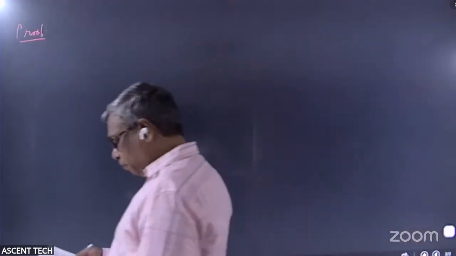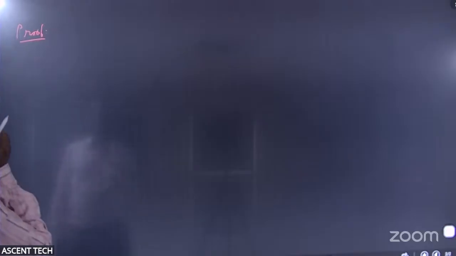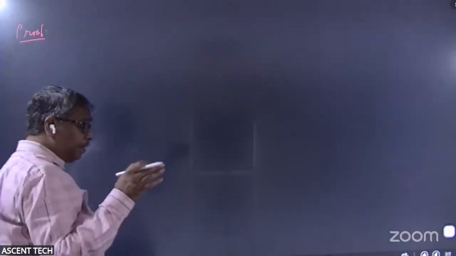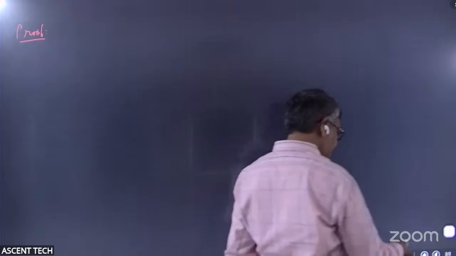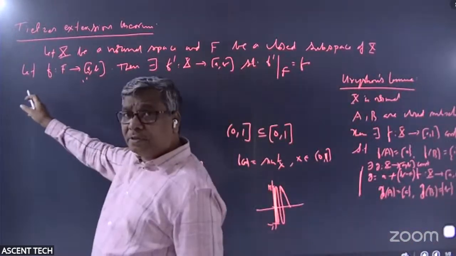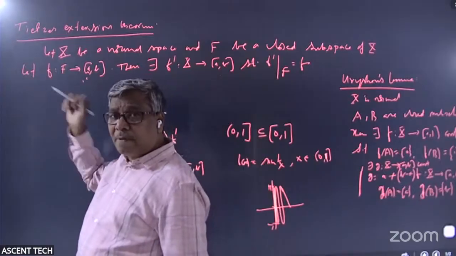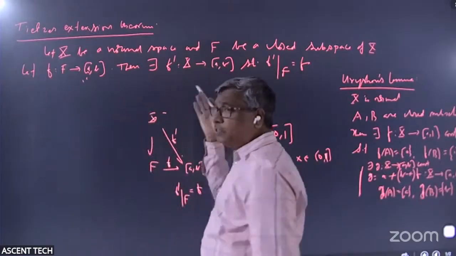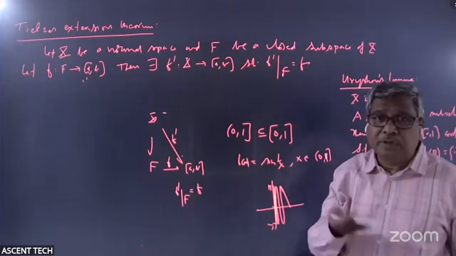The proof. Maybe a and b are both equal. If a and b are both equal, this is a constant function, and the extension is also the same constant. So there's nothing much to prove.